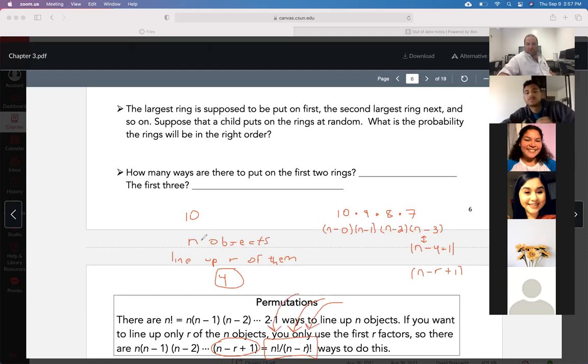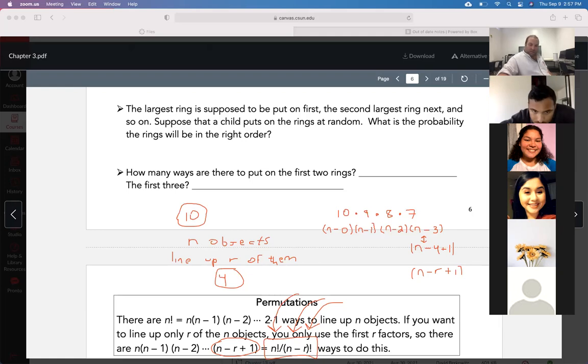In our case, if I have 10 objects and I'm picking 4 of them, how many ways are there of lining them up? What does it say? Someone give me the answer.